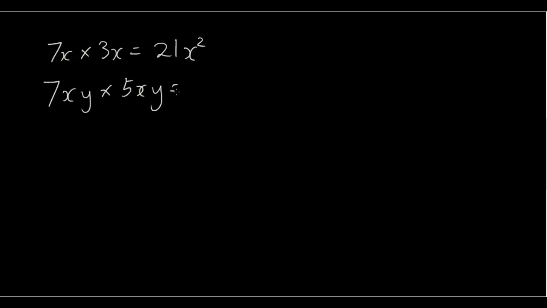Let's do another few examples. If we have 7x times 3x, 7 times 3 is 21, x times x is x squared. What about 7xy times 5xy? If you write out all the terms separately, it becomes 7 times x times y times 5 times x times y.